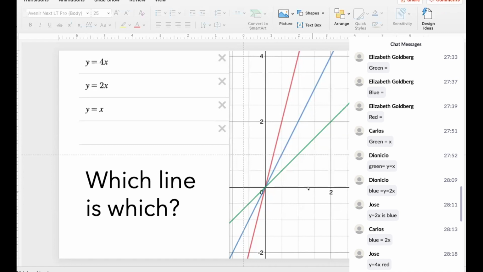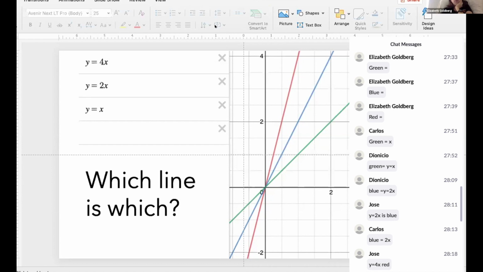If you look at the points for the green one, you can see that 2, 2 is a point and 0, 0 is a point. So there's a slope of 1. So I'm going to try to draw kind of what you're explaining right here.